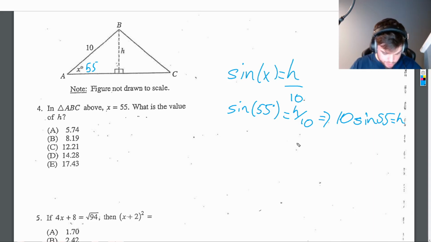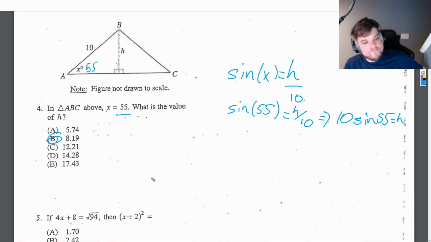So you do 10 sine 55, and you should get 8.19. And that's your answer, 8.19. Now, whenever you're dealing with anything trigonometric, make sure your calculator is in the right mode. In this case, we're talking in degrees. So make sure your calculator is in degrees. And yeah, 8.19, pretty good.